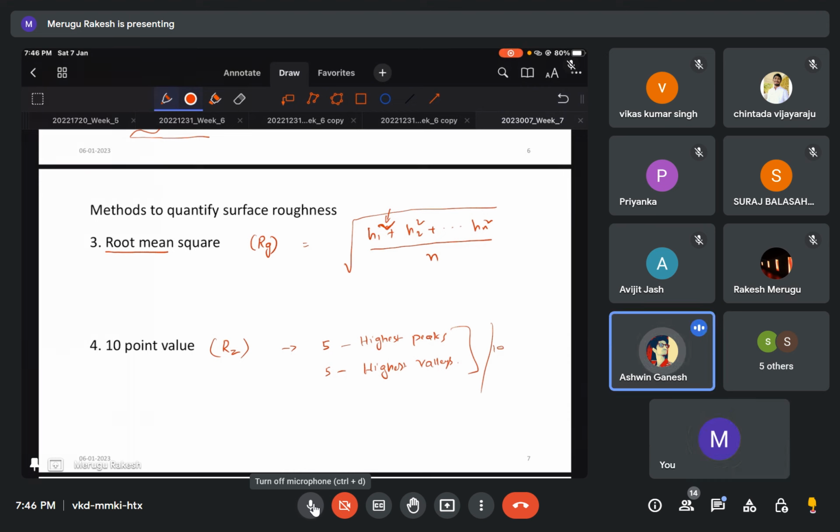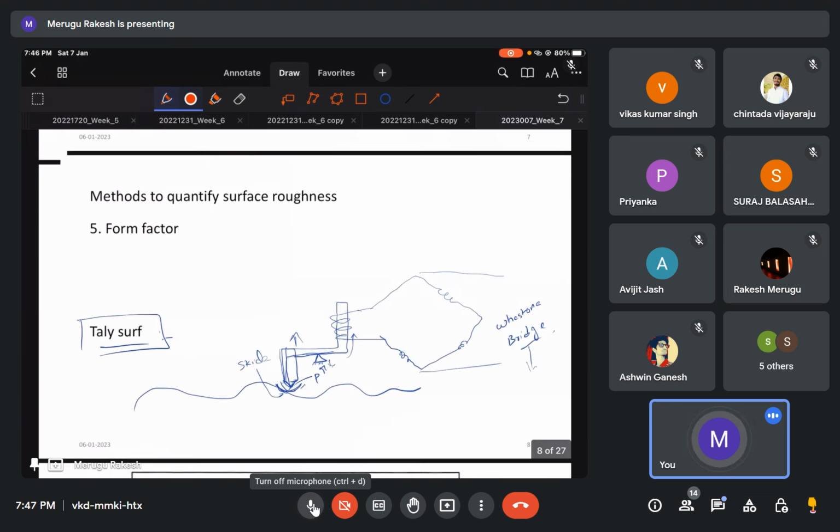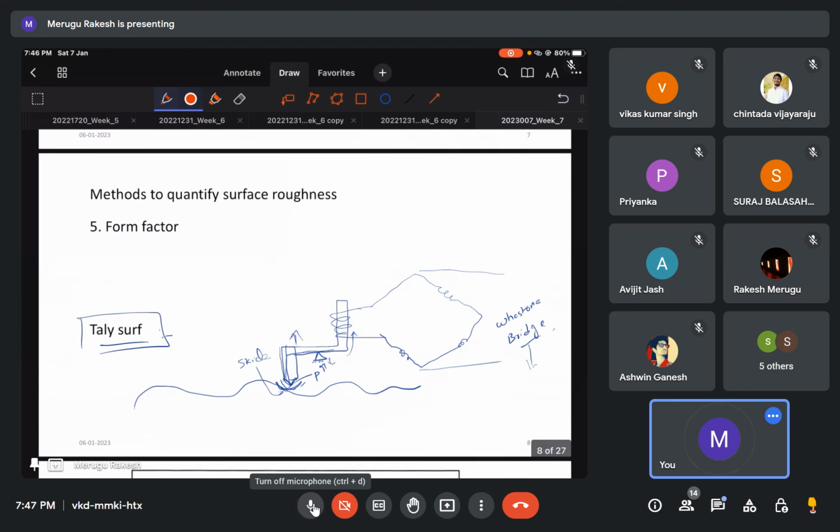In the 10-point average value too, of course, magnitude. I will discuss this form factor a little later.